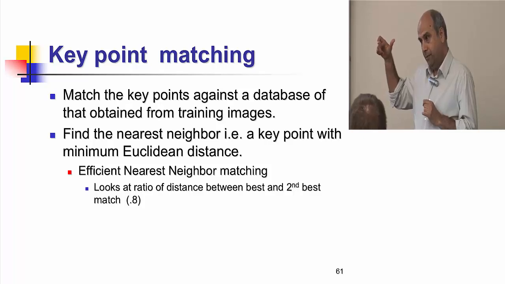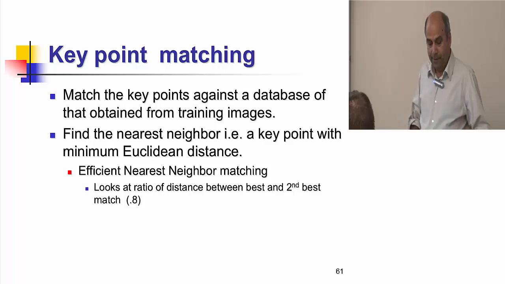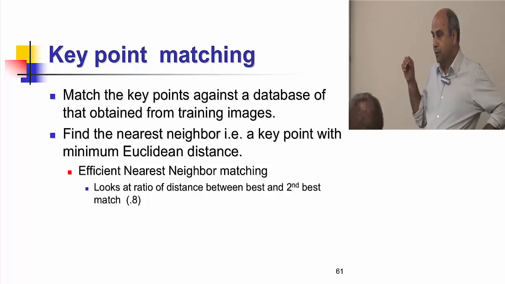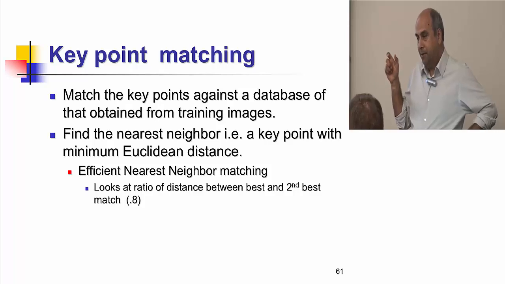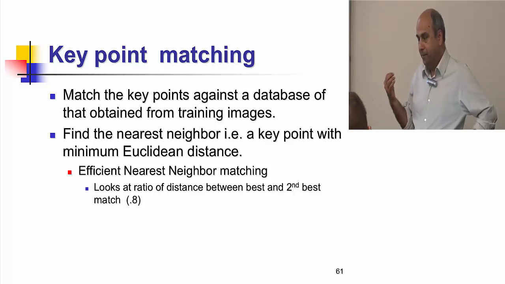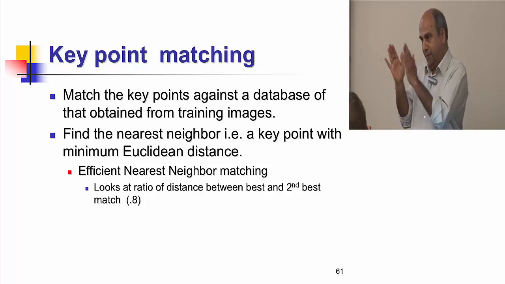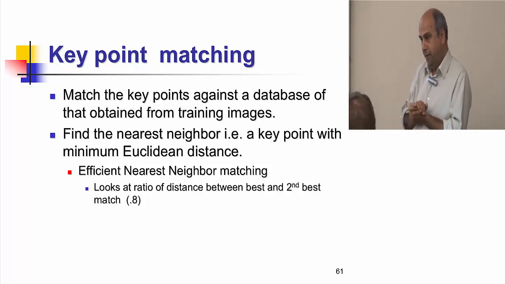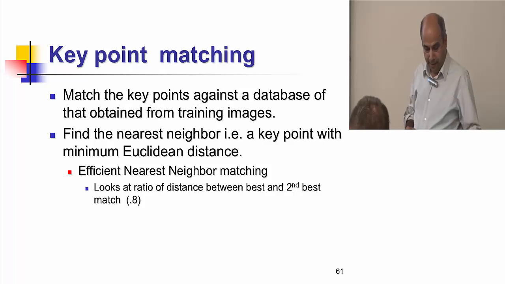They're very close, so it's ambiguous, and we don't know whether the first is better or the second is better. So he came up with this idea that we want to select the match if the first nearest neighbor is less than 0.8 of the distance of the second nearest neighbor, so there's a big distinction. So clearly a winner. That's the main idea.